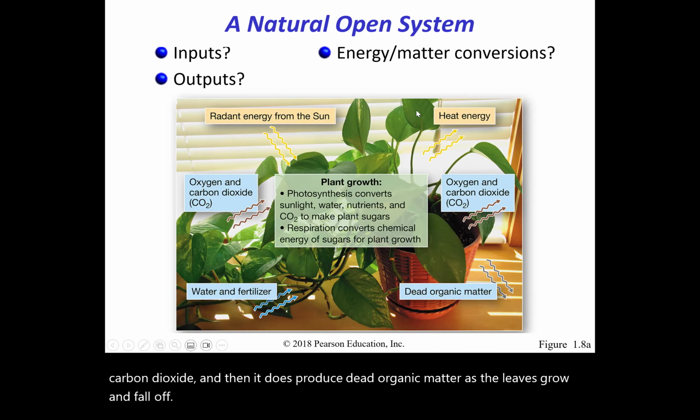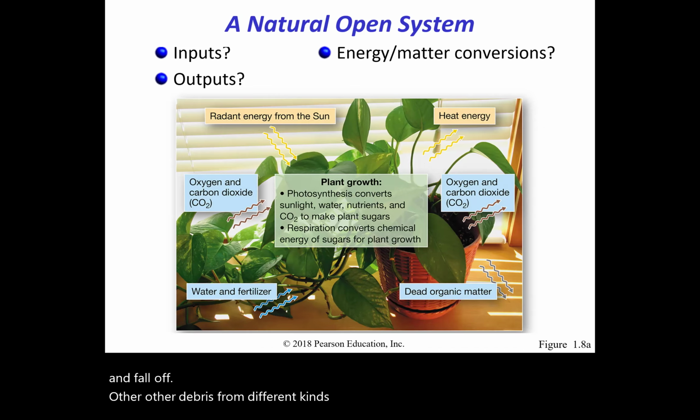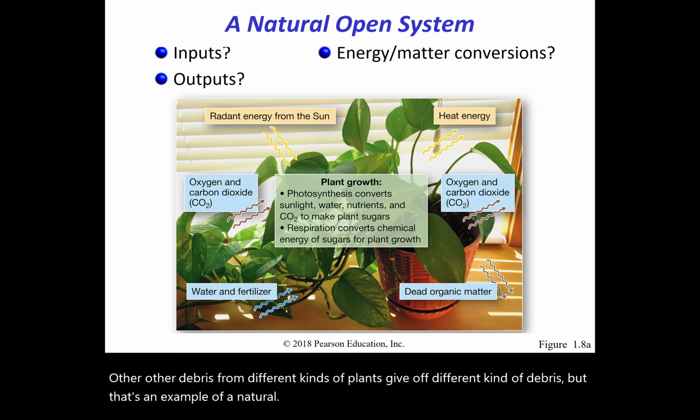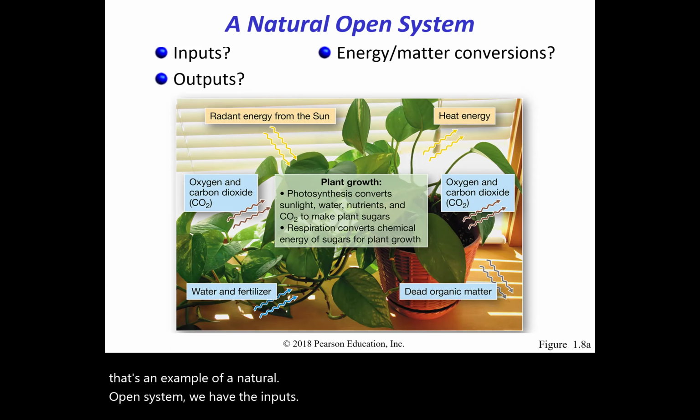Other debris from different kinds of plants give off different kind of debris. But that's an example of a natural open system. We have the inputs. In this case, the plant grows, it thrives with the right kind of inputs, and then it gives off certain outputs as part of its life processes.